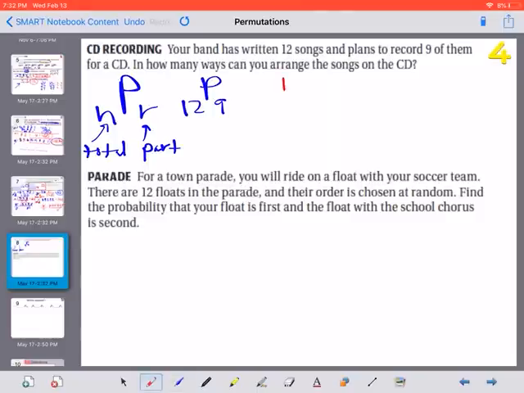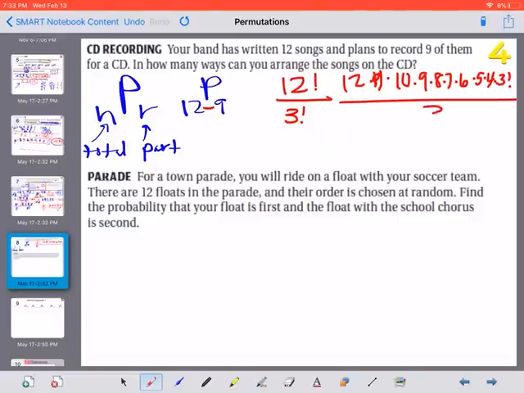So this is really, if we follow our formula, 12 factorial over 12 minus 9, which is 3 factorial. So if we wrote this out, we would have 12 times 11 times 10 times 9 times 8 times 7 times 6 times 5 times 4 times... I'm going to stop at 3 factorial because that's what we have on the bottom. 3 factorial, 3 times 2 times 1, is going to cancel on both.